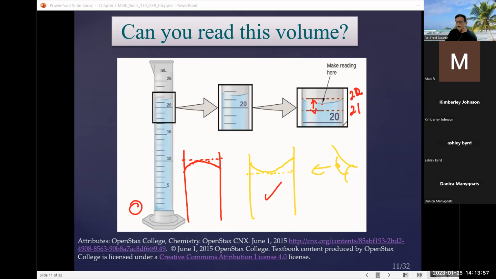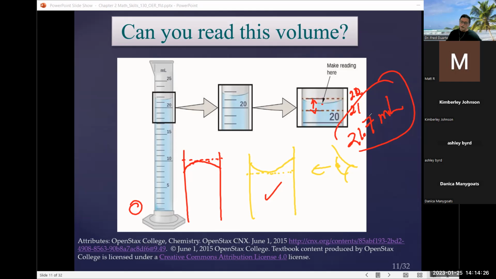So we're only accurate to the tenths place. If there were more increments in between, like that ruler with more increments, we could be accurate to the hundredths place. But the most accurate we can be here is to the tenths place. So this would be, I don't know, 21.7 milliliters.